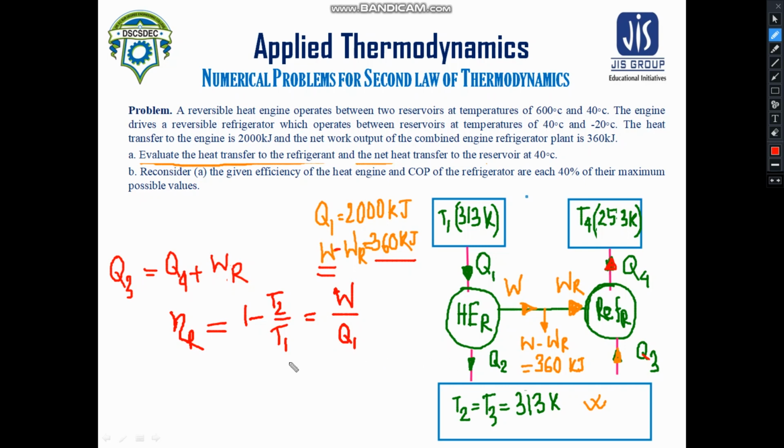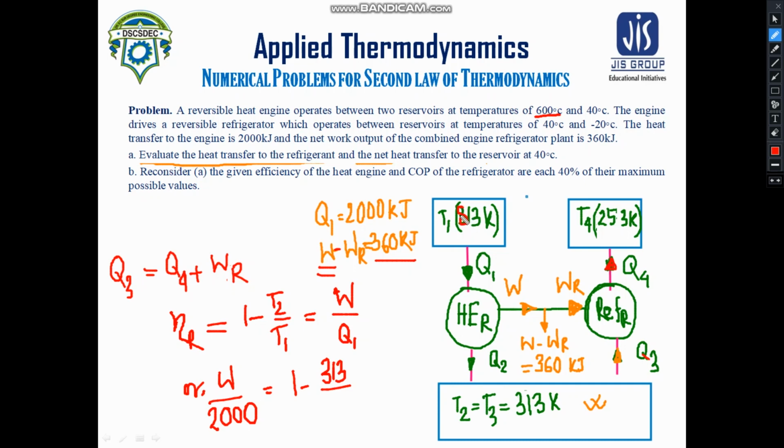Now you will be able to find this W. So W divided by 2000, because this is the heat input here, equals 1 minus T2 by T1. I'm very sorry because I have written 6 instead of 873.